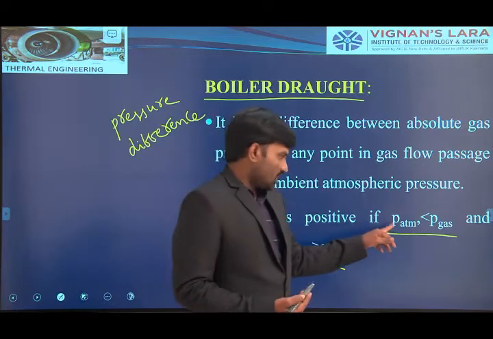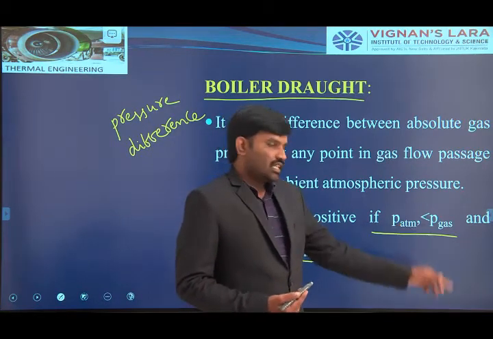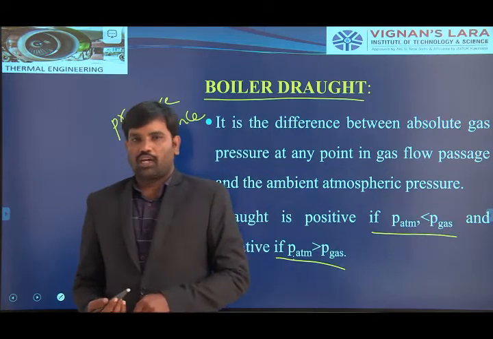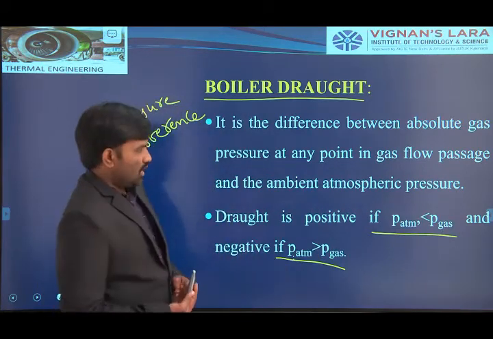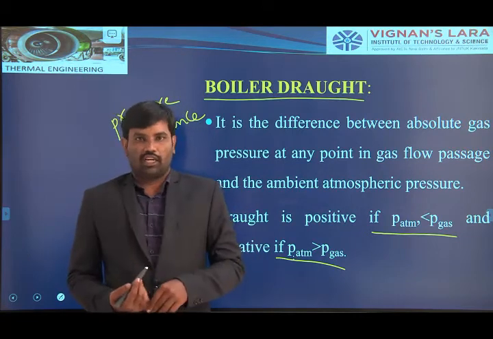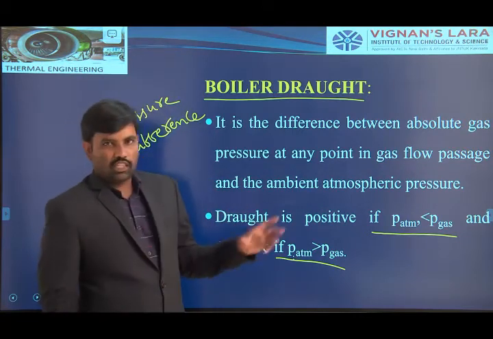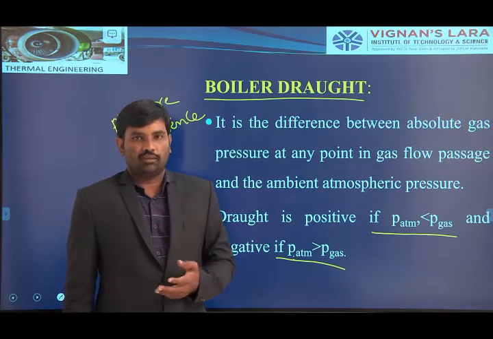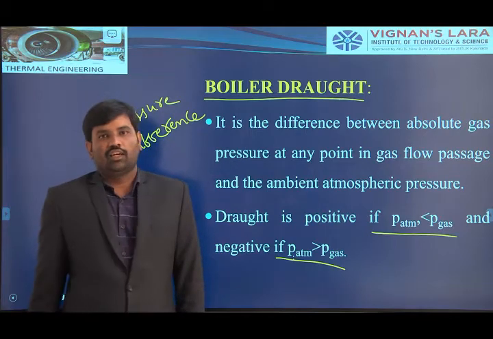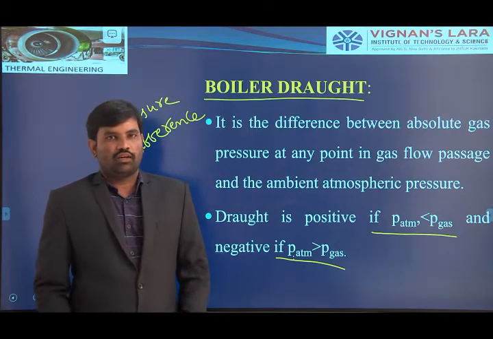If the atmospheric pressure is less than the gas pressure, the gases freely escape into the outside atmosphere after utilizing their energy, and that type of draught is called positive draught. Positive draught means the gases have the highest pressure. Negative draught means the atmospheric air has the highest pressure. That is the meaning of negative draught.